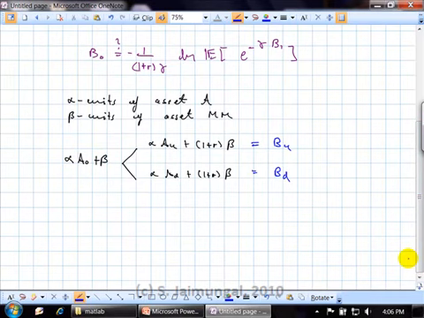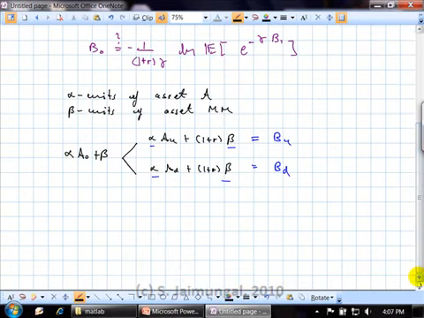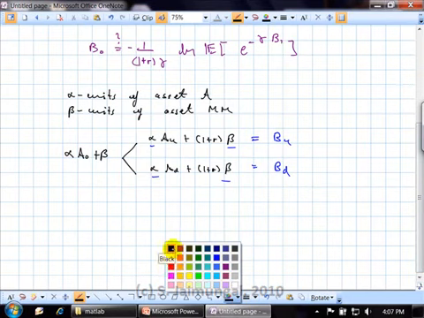You have 2 coefficients. You solve it. I'm not going to do the algebra for you. I think most of you have actually seen the algebra. I'll just write down the end result of that procedure. So you solve for these, and now here's the no arbitrage argument.